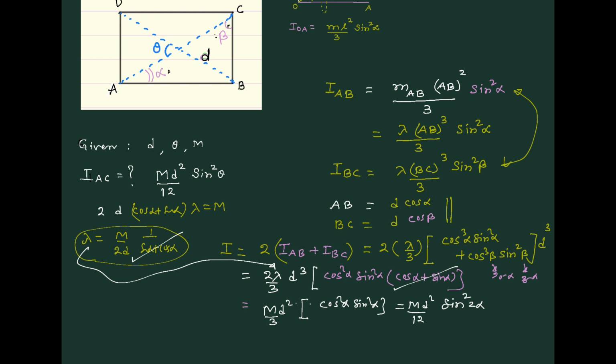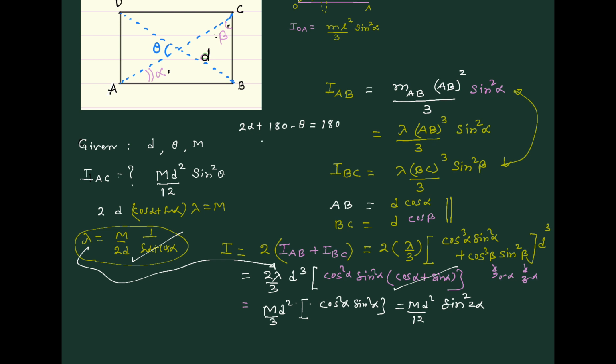But we have to get the answer in terms of theta. So we can realize if this is alpha, this is also alpha. This is also alpha. And this will be 180 minus theta. So we can write 2 alpha plus 180 minus theta as 180.